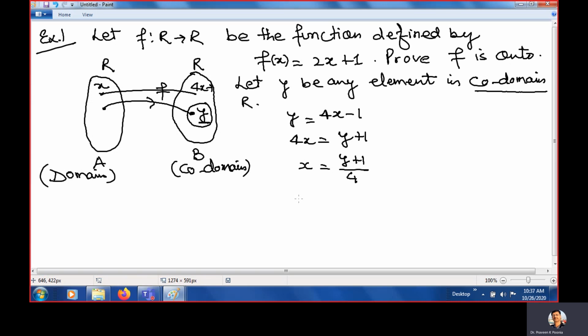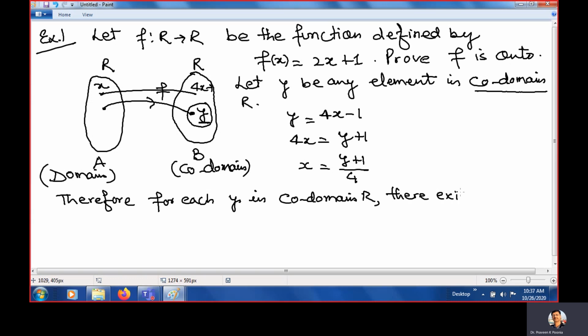So we will write here, therefore, for each y in codomain R, there exists y plus 1 upon 4 in domain R.